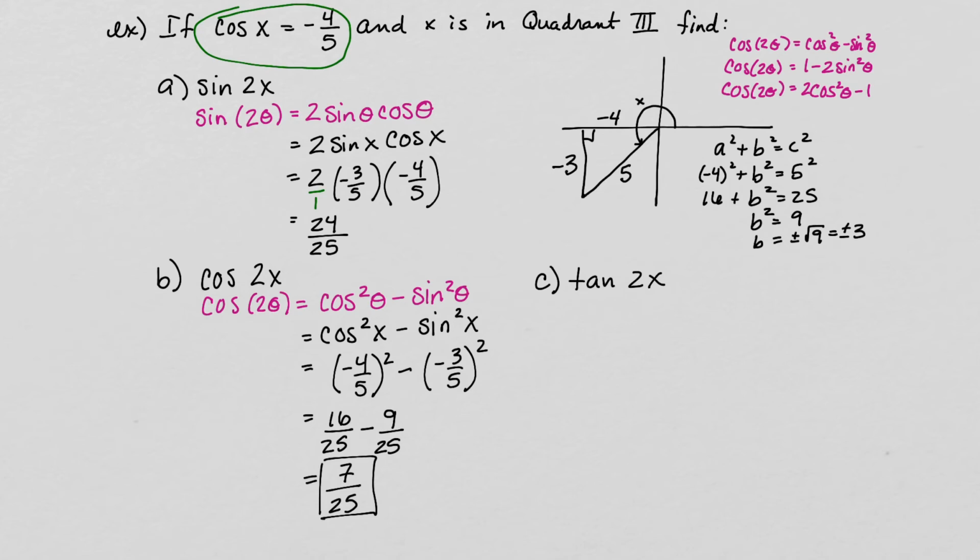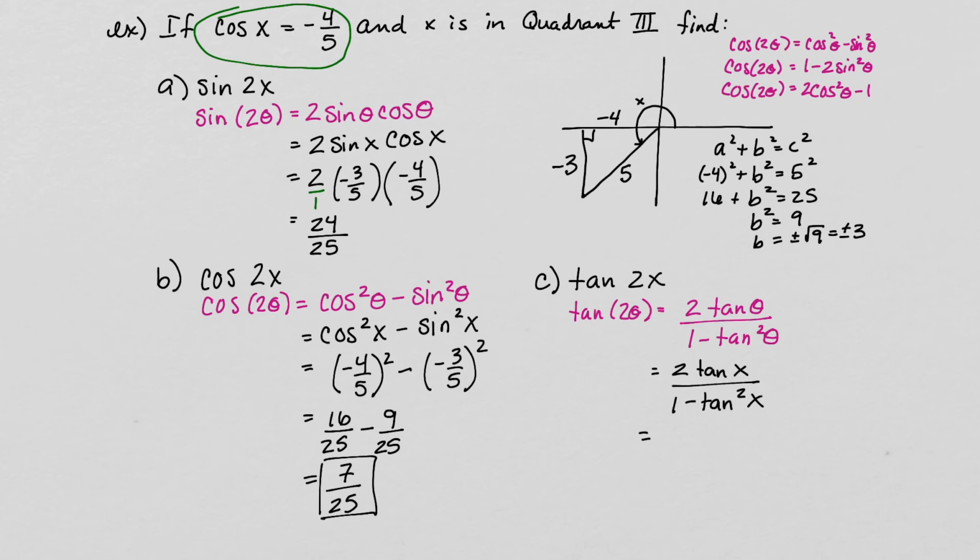So the tangent of 2x, if you look at that sheet, there is one that says the tangent of 2 theta, and the tangent of 2 theta is 2 tangent theta divided by 1 minus tangent squared theta. So in our case, that's going to be 2 tangent x divided by 1 minus tangent squared of x.